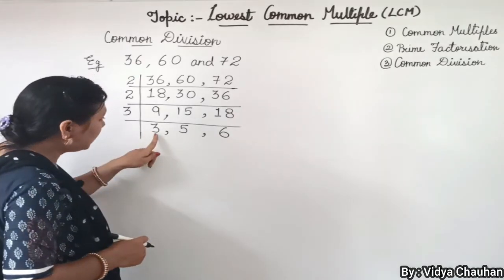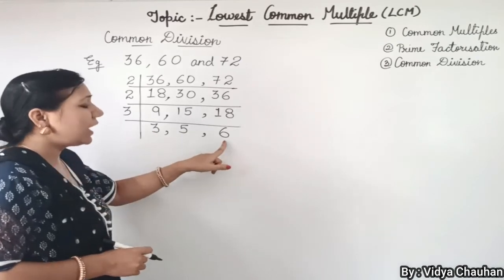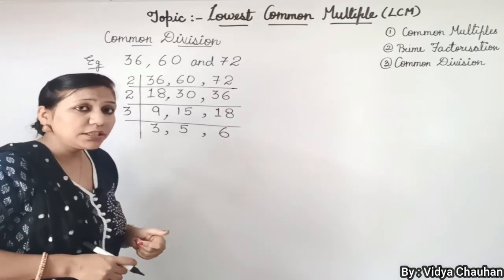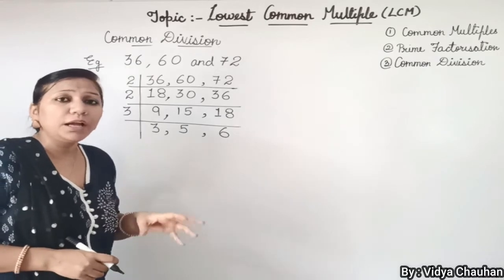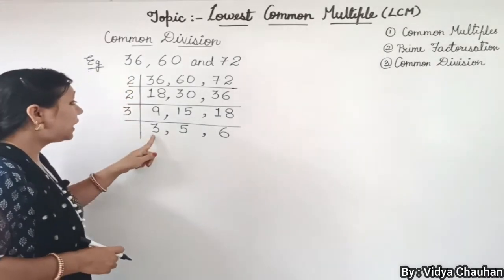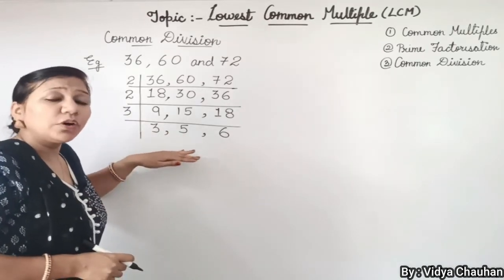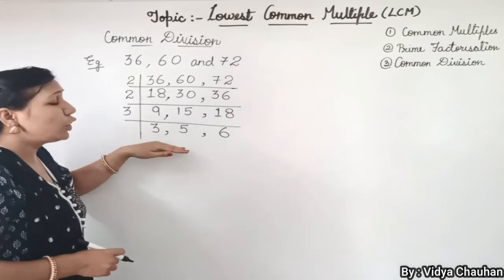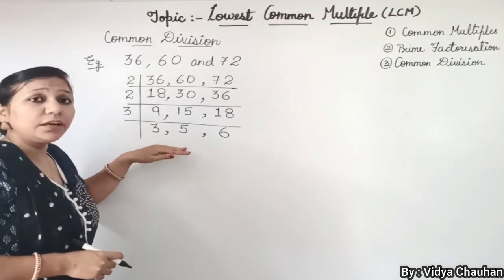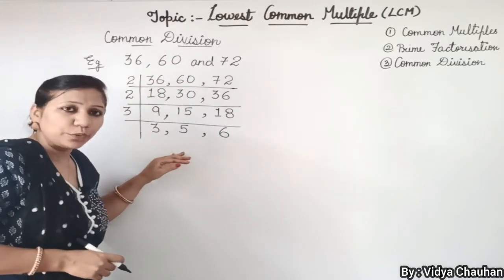Now the values left here are 3, 5 and 6, and we do not have any common prime number which is going to divide all these 3 numbers together. So in that case, you will leave the common division setup method at this point only.